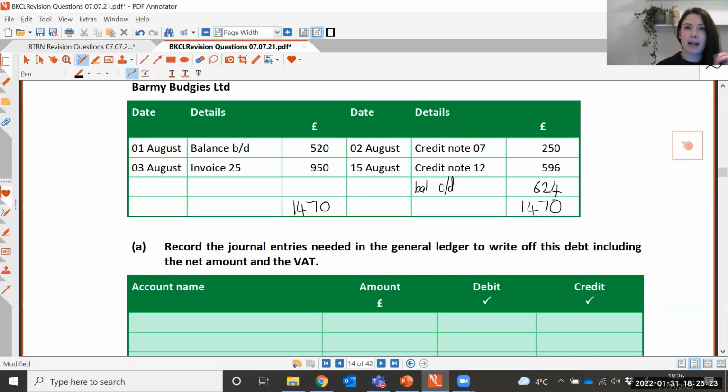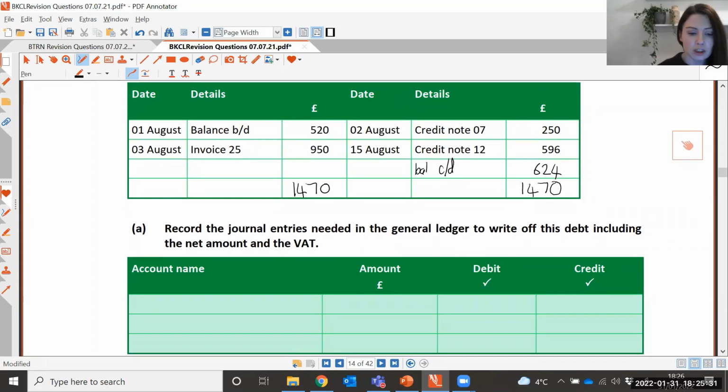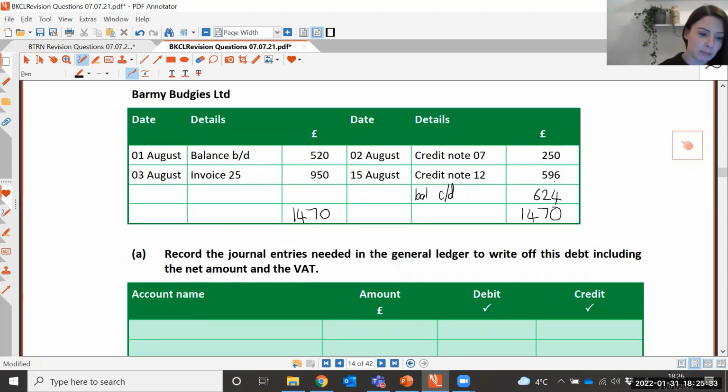And remember that balance carried down would then be the balance brought down at the start of the next financial period. So we know that this customer, Buy Me Budgies, owe us £624, and we need to write this off.